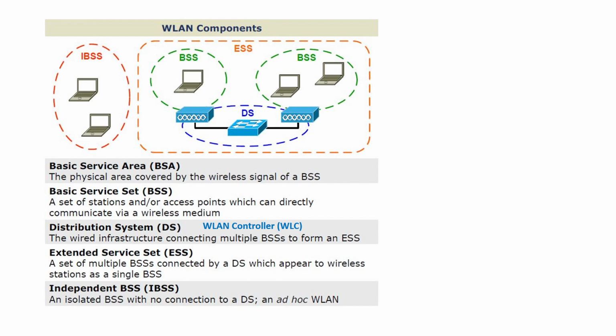We can also have a set of access points that are working in harmony with each other. And once we have this, then what we have is a basic service set, or a BSS. We can also tie these access points together by a distribution system. And once this is done, then what we end up with is known as an extended service set.